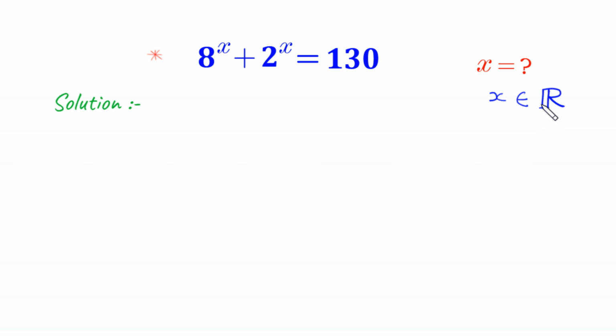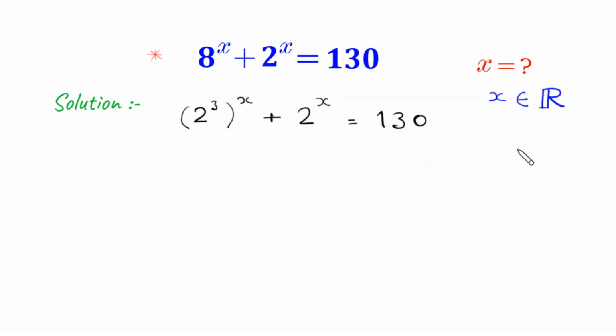So let's start. This 8 can be written as 2 cubed whole to the power x, plus 2 to the power x is equal to 130.